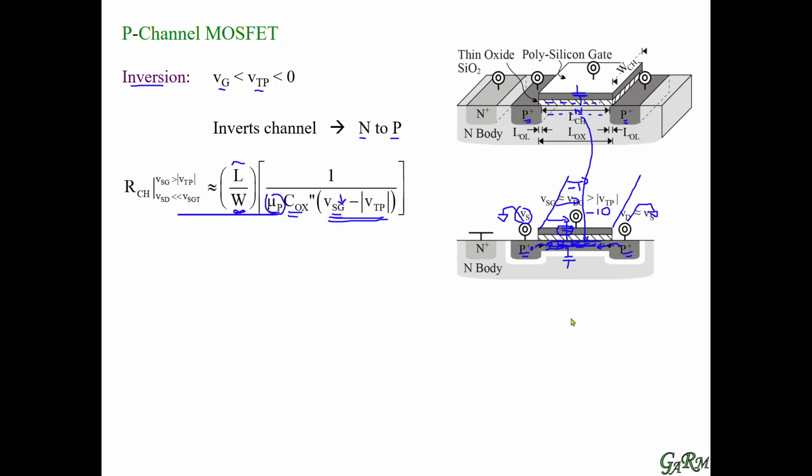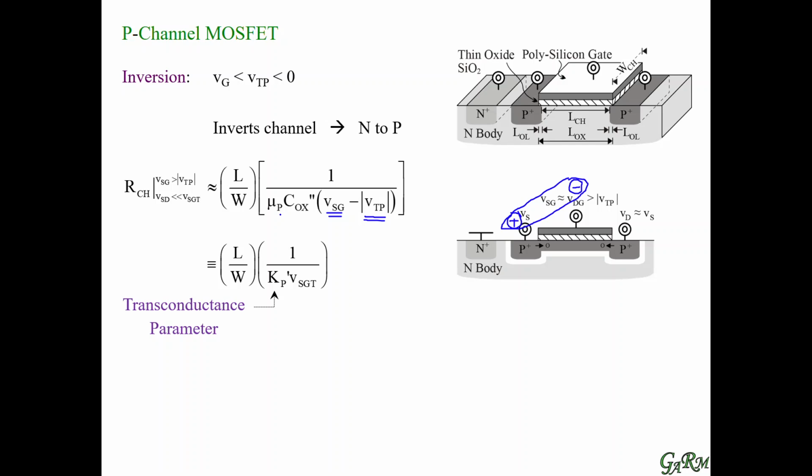So if I remove markers here, since we apply a negative voltage to this terminal with respect to this terminal, when we look at this voltage difference from what we're going to call the source, and I'll explain why later, from the source to the gate is positive, and when we have that positive voltage is when we can induce a channel, as long as that positive voltage is greater than the effective threshold of the device. And all that means is that we have a great enough voltage to invert the channel.